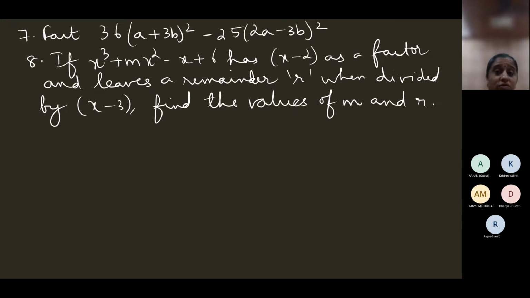Factorizing using factor theorem is very important. Factorize using factor theorem. Yes, children, I'll just come back. Please work.